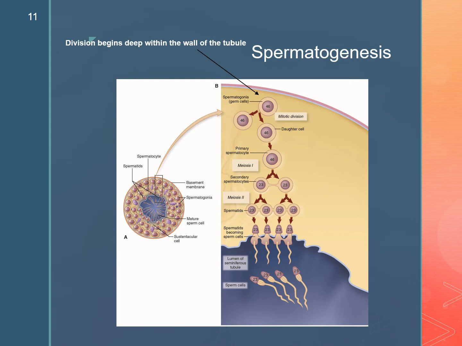This yellow area is the wall of the seminiferous tubule, and you can see that this process starts way on the periphery, and then as it continues, we get closer and closer to the lumen of that seminiferous tubule until the developed sperm enter the tubule and then make their way to the epididymis.